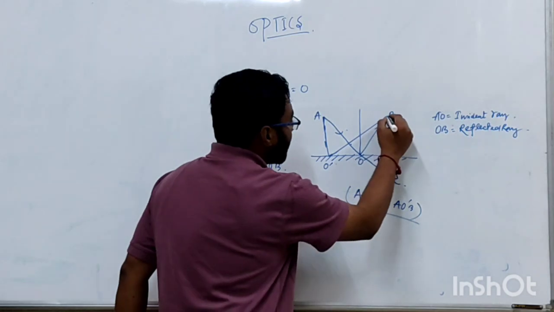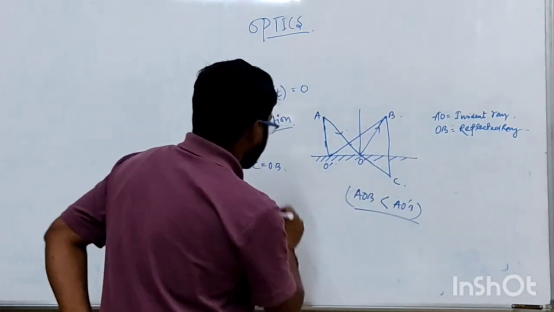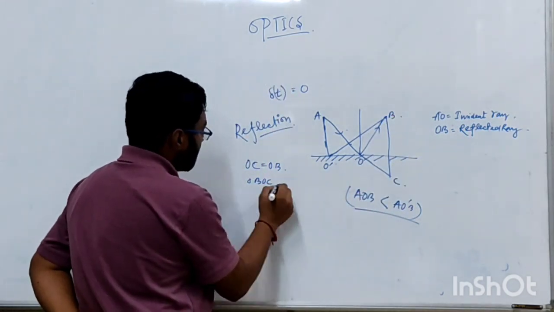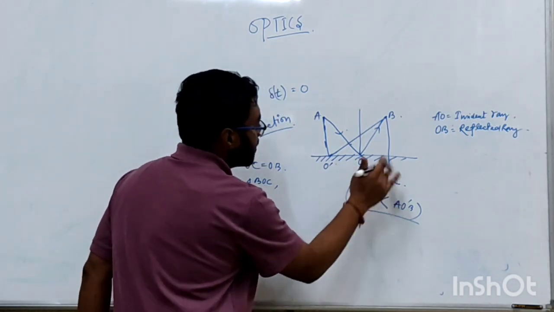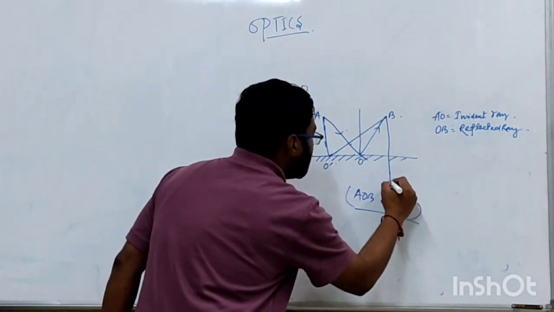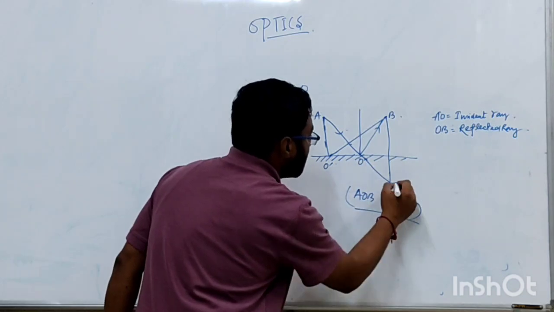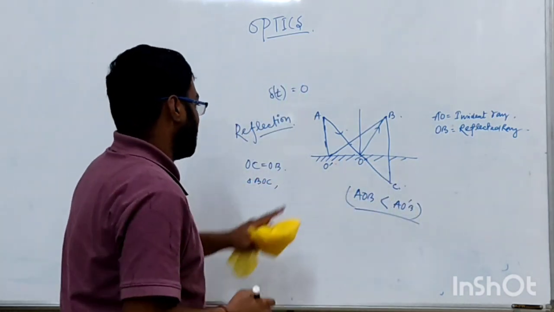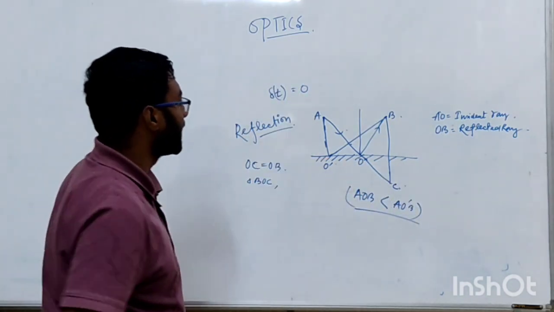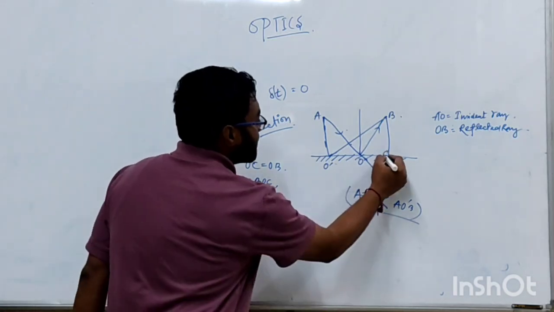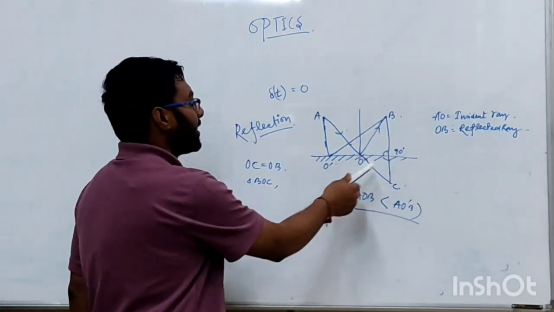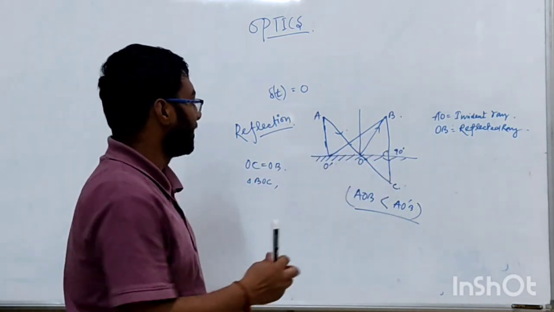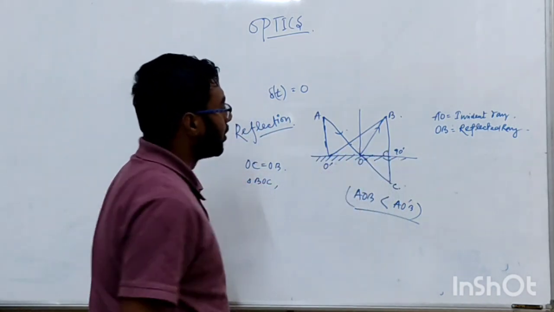So if we construct the triangle BOC, we know that OC equals OB, and these angles are 90 degrees, and this is the common side.